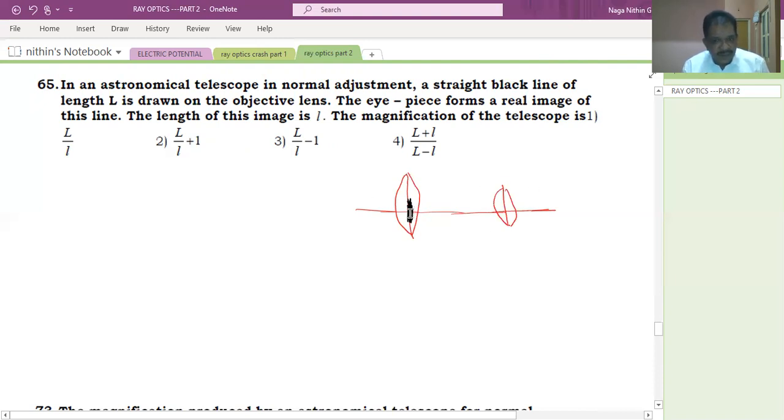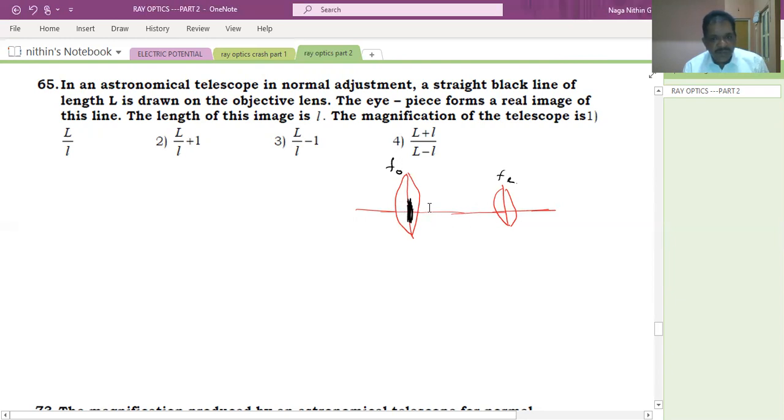See, this line will serve as an object for this eyepiece. This is the eyepiece, having focal length FE. This is the objective having focal length FO. This line will act as an object for the eyepiece. Then, what is the image distance, you calculate.